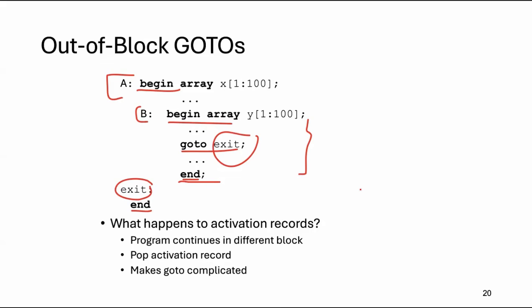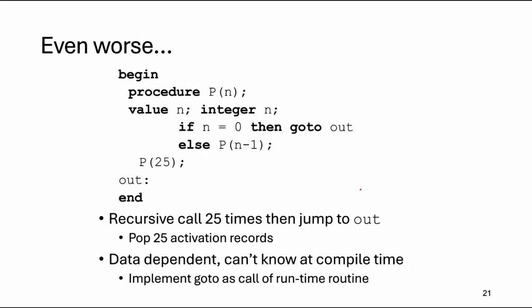Since the program now continues in a different block, we need to pop the activation record. The go-to makes things more complicated, as you can see, because we can jump outside of blocks; we don't have to stay in the same block with a go-to statement. And that's going to make things even worse.